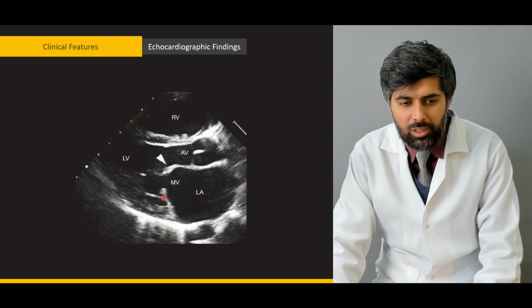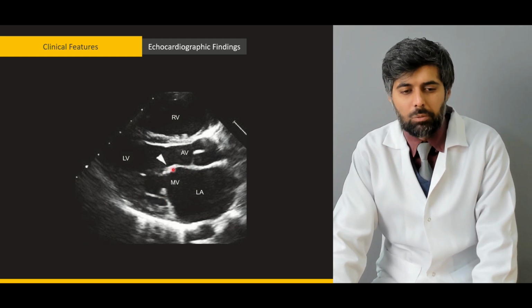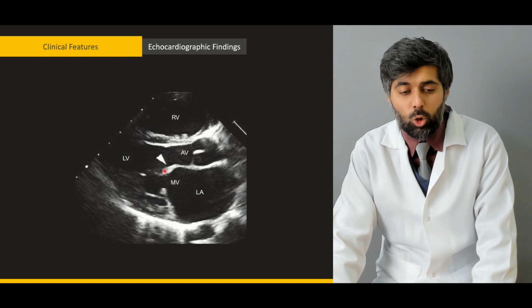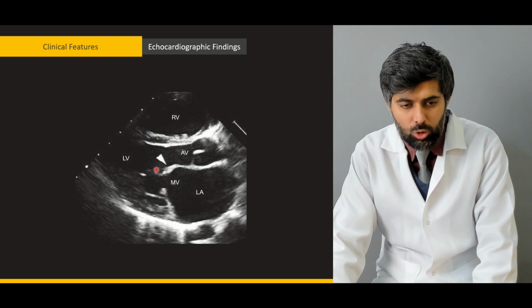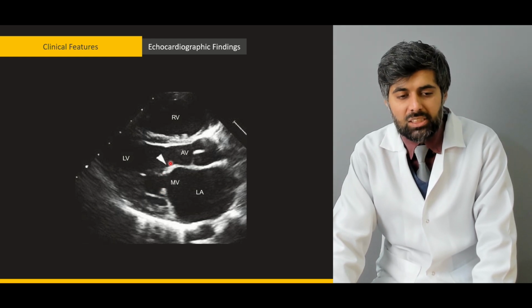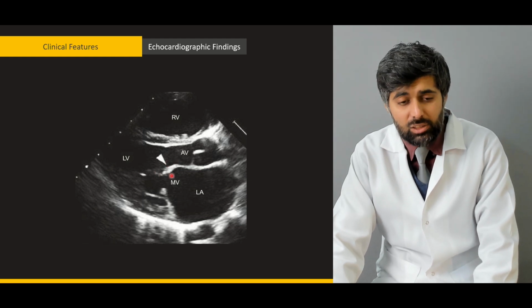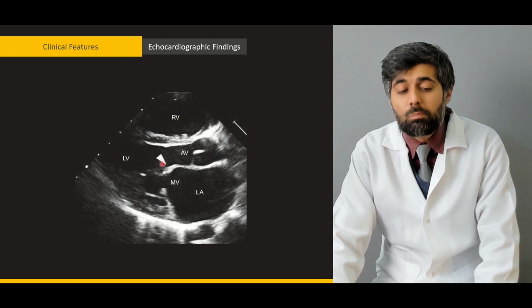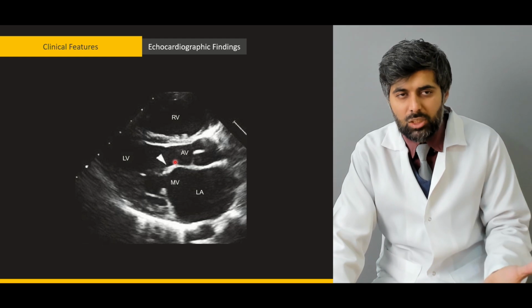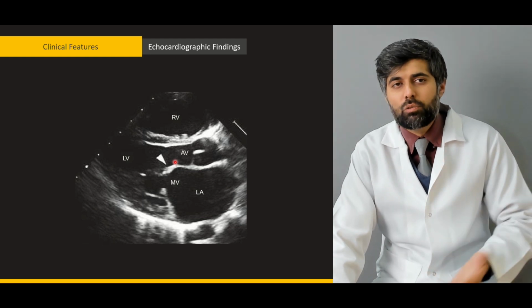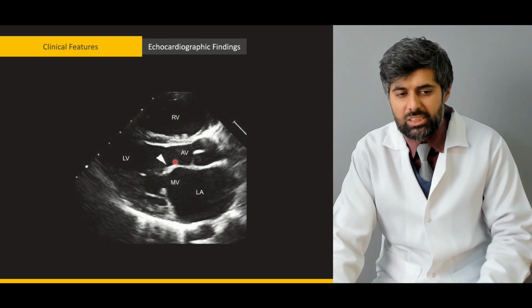This leaflet and this leaflet are not closed properly because of the thickening, because of the damage from the rheumatic heart disease.